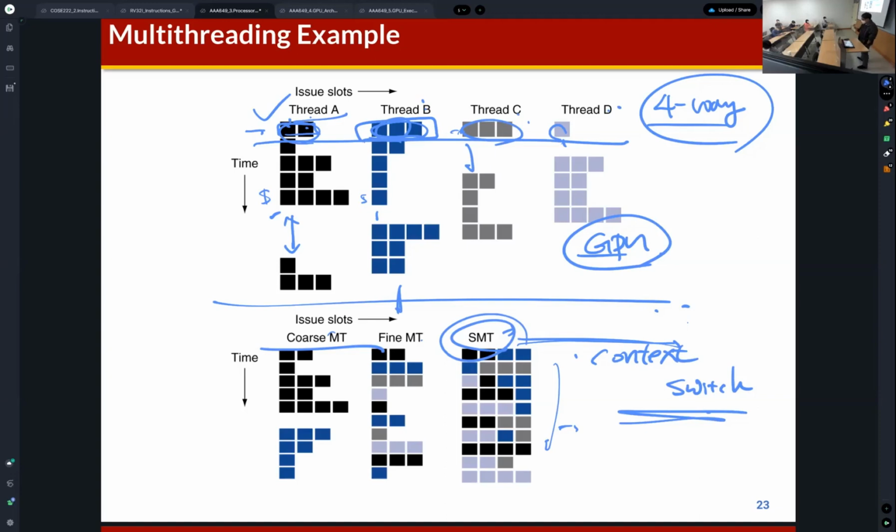So GPU architecture focuses on the power consumption aspects of the processor. There are three types of hardware multi-threading, but you cannot use simultaneous multi-threading for GPUs because it's very power hungry. So then we can compare coarse-grained and fine-grained multi-threading. What are the pros and cons of each?